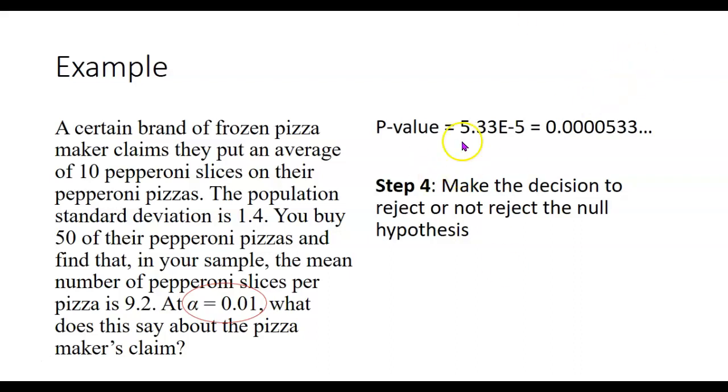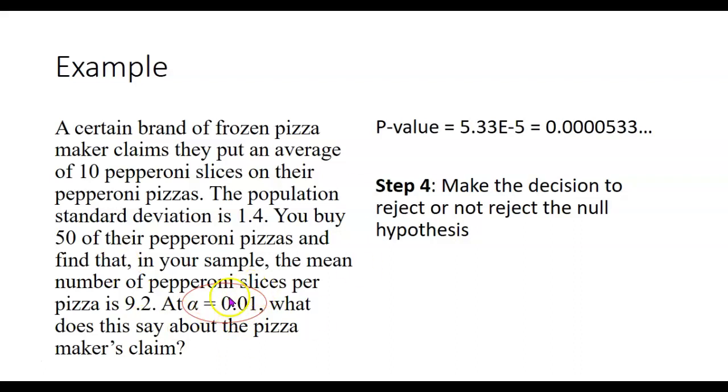We compare the p-value against the level of significance, alpha. And in all the examples we're going to be doing, it'll just tell you what number to use for alpha. Like here it says at alpha equals 0.01. So you'll be given the number to use for alpha.